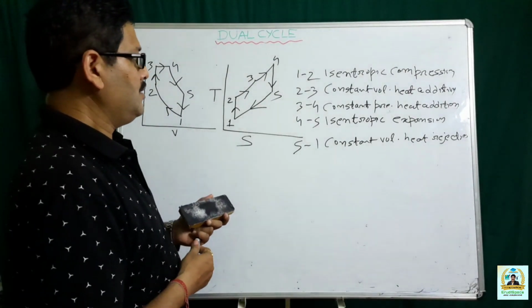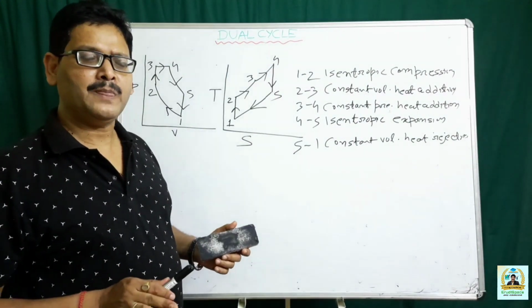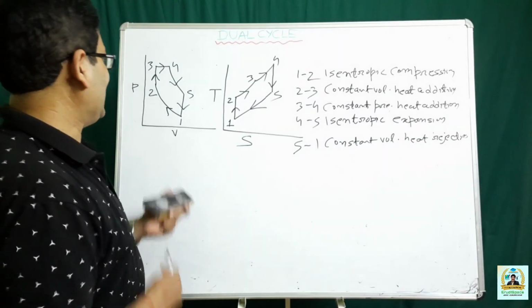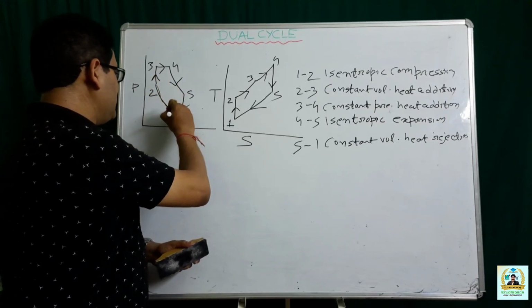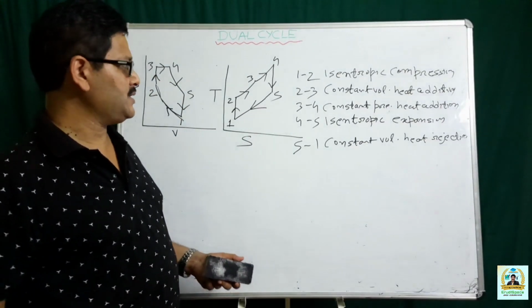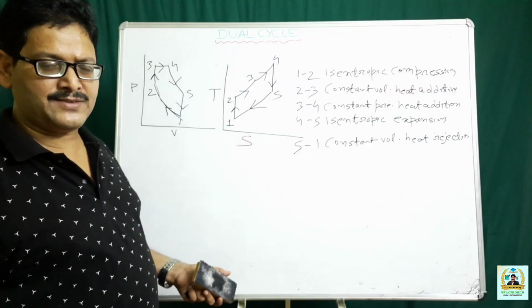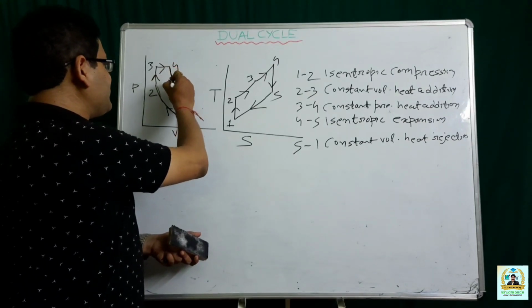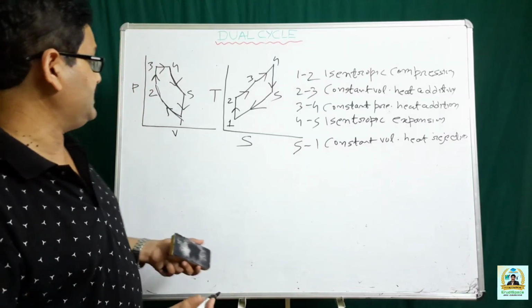So, unlike the Otto cycle and diesel cycle, here you are having 5 thermodynamic processes taking place. Out of that, the process 1-2 is your isentropic compression process, that is the same as in the Otto as well as the diesel cycle. You do have an isentropic expansion process which is also happening in both the Otto as well as diesel cycle.